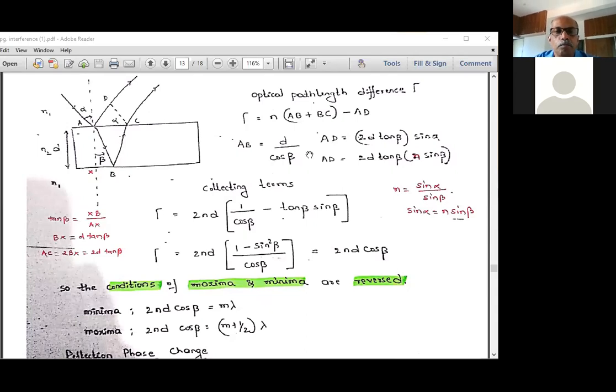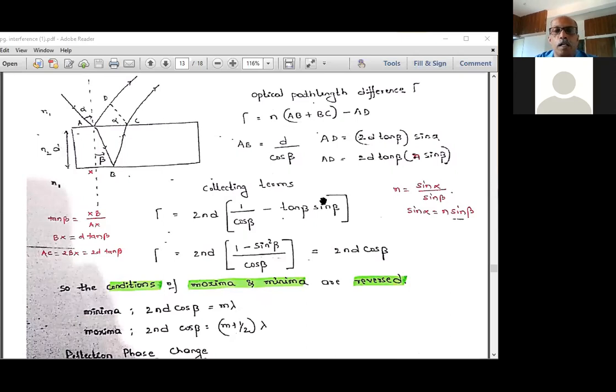Therefore, from the figure, we have a triangle AXB. In AXB, cos beta is adjacent divided by hypotenuse. Adjacent is nothing but AX. AX is nothing but equal to d, the thickness of the film.